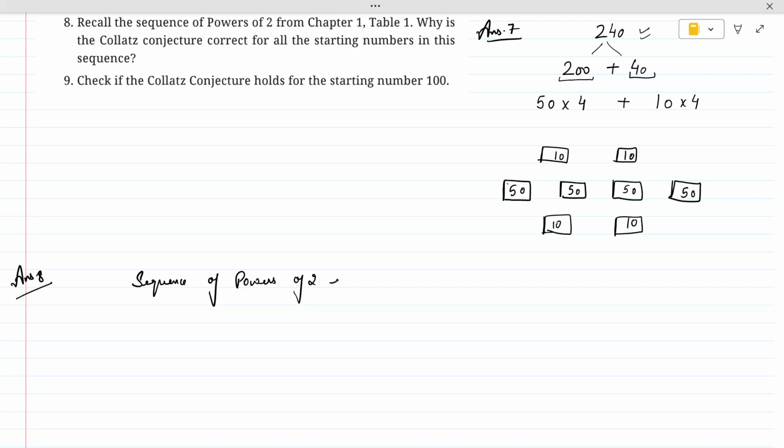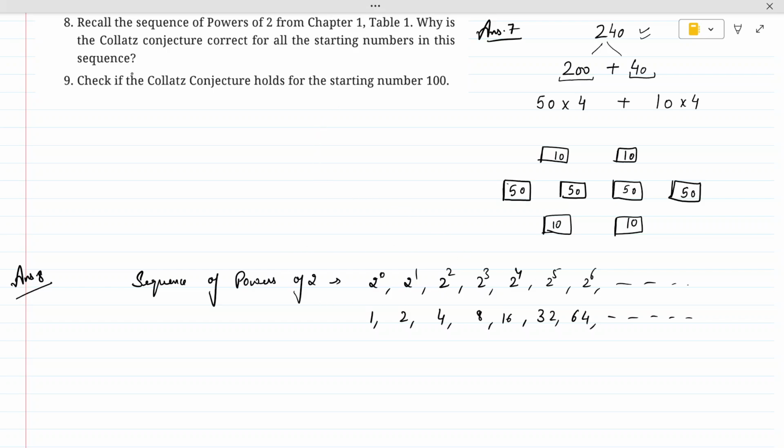It was 2 raised to the power 0, 2 raised to the power 1, 2 raised to the power 2, 2 raised to the power 3, 2 raised to the power 4 and so on. And it gave us 1, 2, 4, 8, 16, 32, 64 and so on, right? It was 2 raised to the power 5 and 6 and so on. Okay, so this was the sequence of powers of 2.